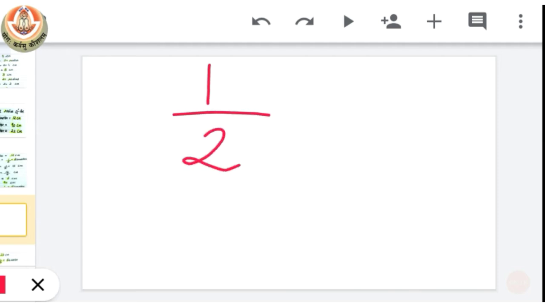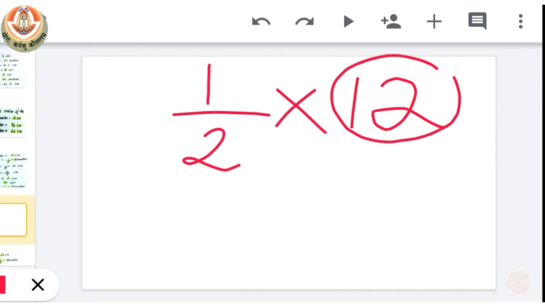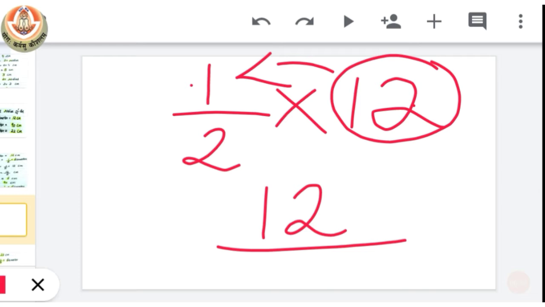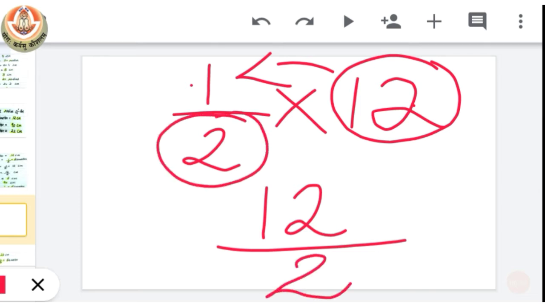Let's see it again: when we multiply half, means 1 upon 2, with 12, this 12 goes with 1 for multiplication and remains 12, and the 2 in the denominator will remain in the denominator. So it becomes 12 upon 2.